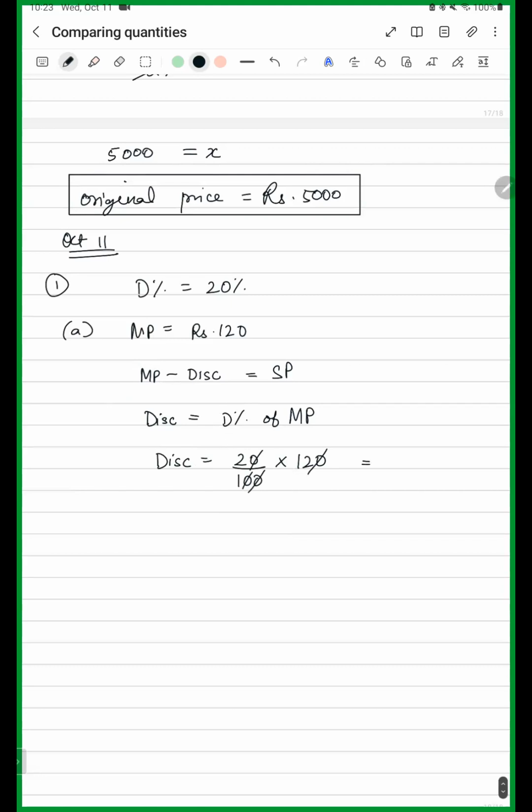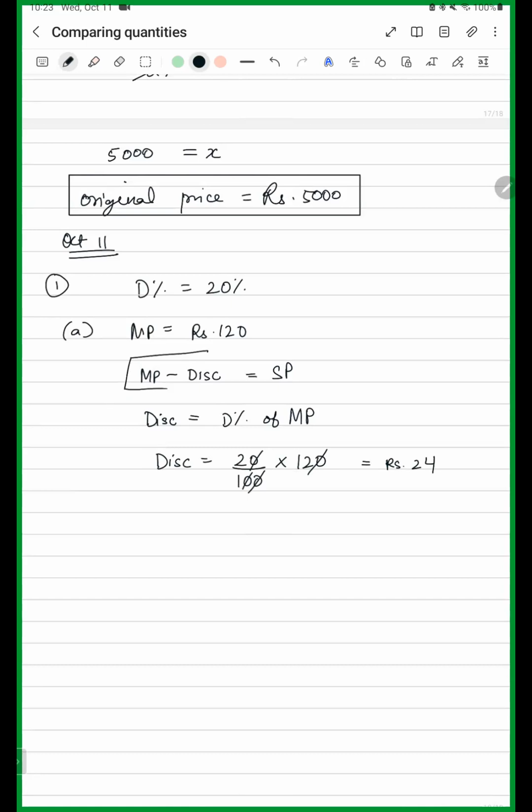So this is the discount. They are asking you to find the SP. So from here we get SP is MP minus discount, 120 minus 24. This will be your SP, and that is equal to 96 rupees. Very good. So this will be your answer.